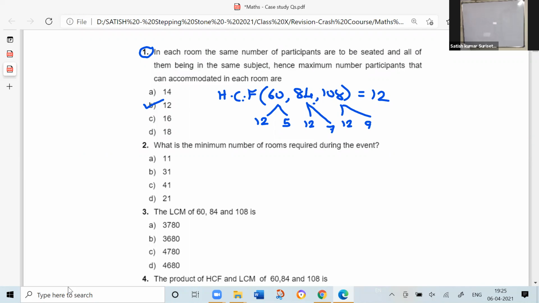Next, second problem. What is the minimum number of rooms required during the event?